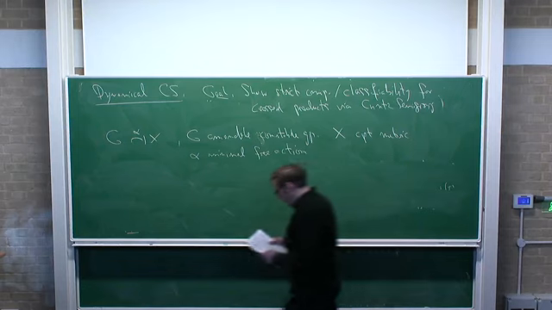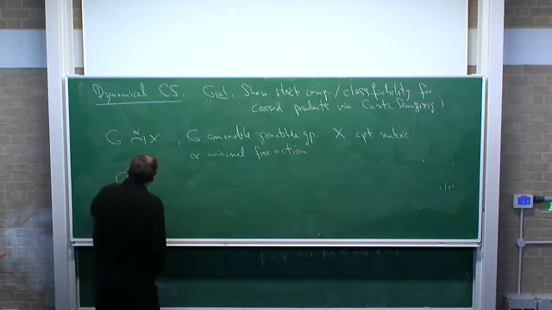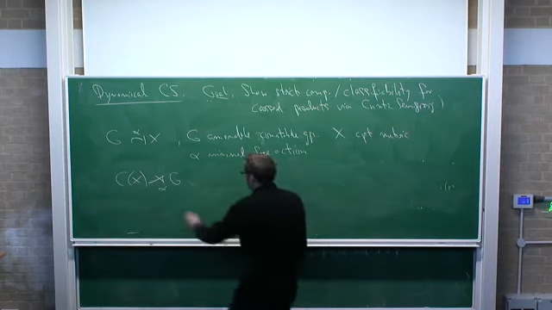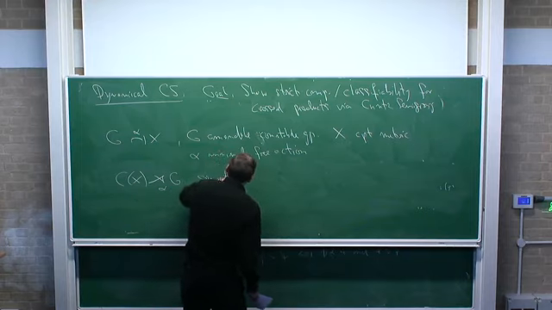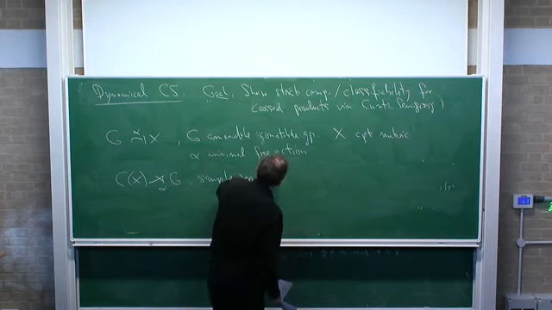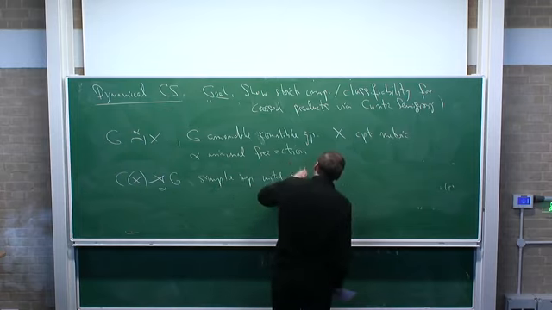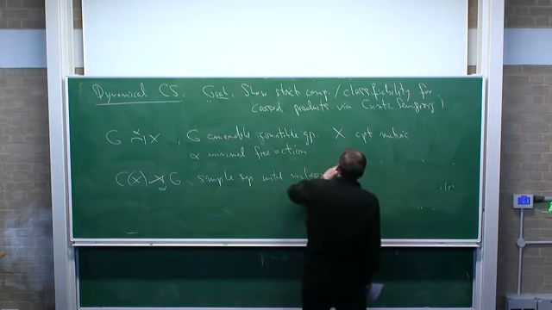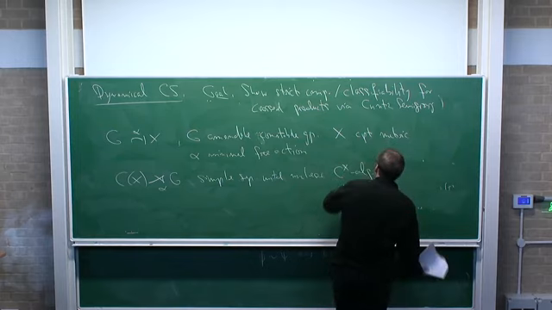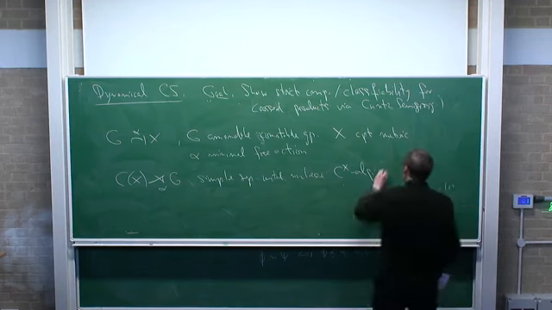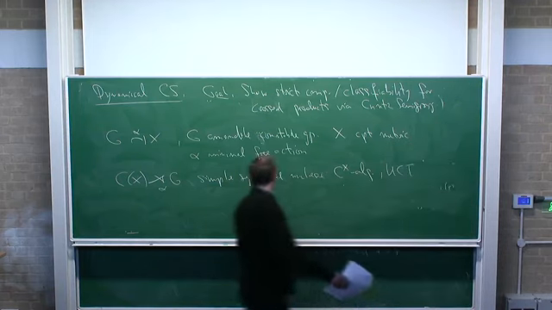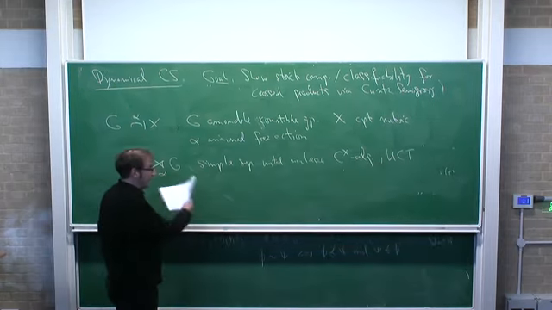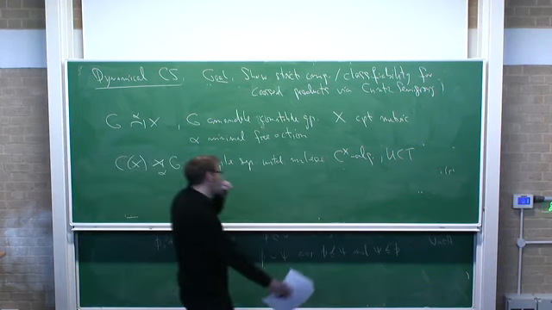We want to consider the crossed product C(X) cross G under the action alpha. This is a simple, nuclear C-star algebra. It also satisfies the UCT. That's the result by Tu, who showed that groupoid algebras of this type always satisfy the UCT.